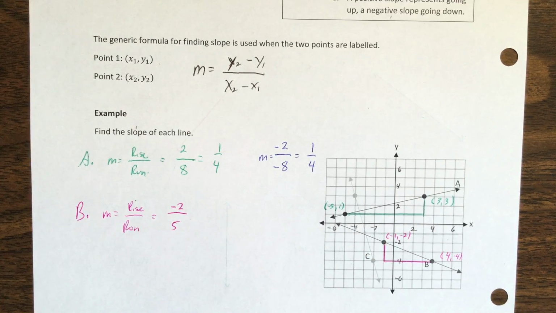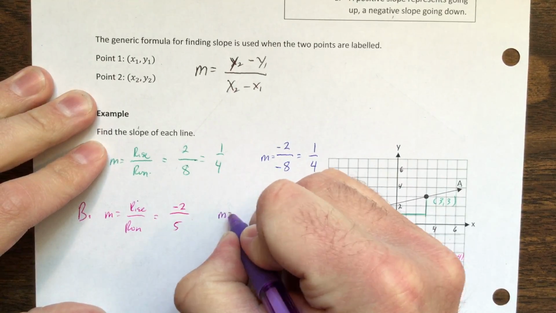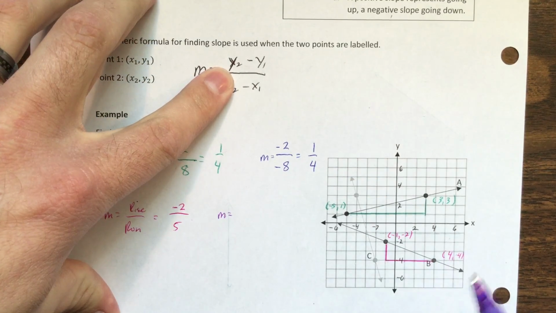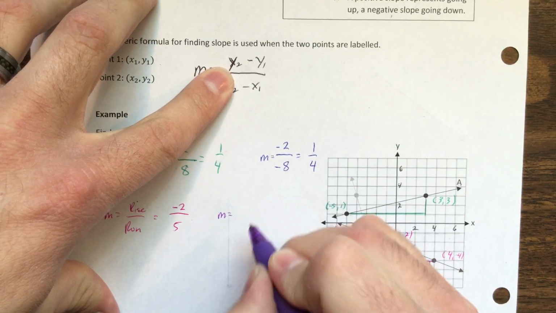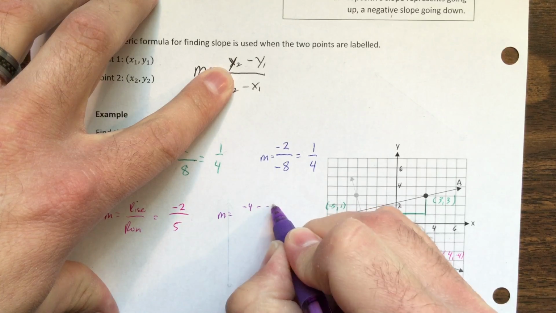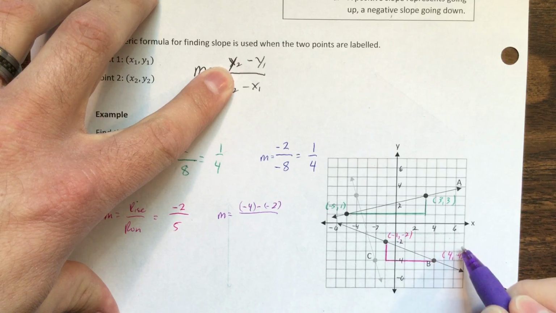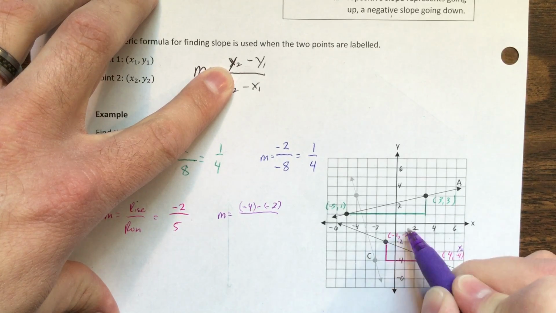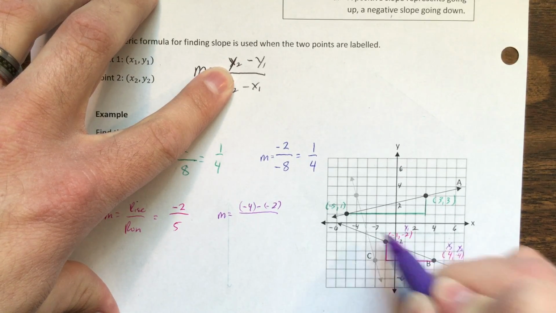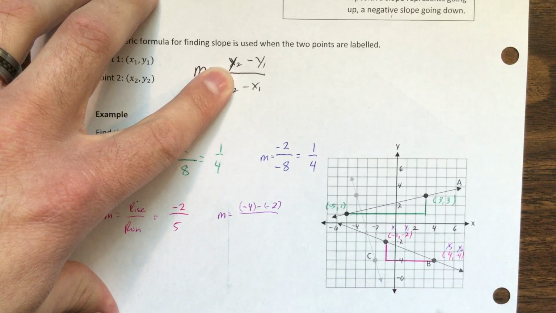Now for this one, I'm just going to show how the formula works, and that the formula works the same way. So y2 minus y1, so I'm going to use -4 minus -2. I'm going to put those both into brackets because they're negative. So this is y2, this is y1, this is x2, this is x1, as we're going backwards.